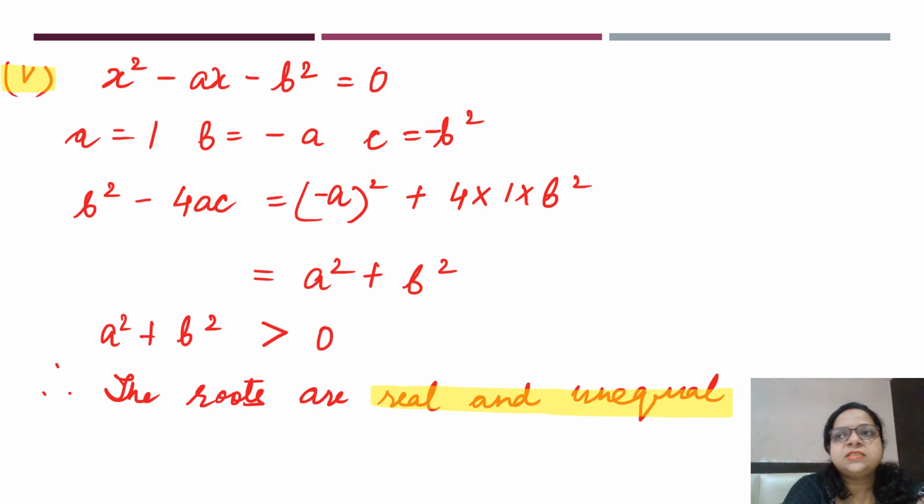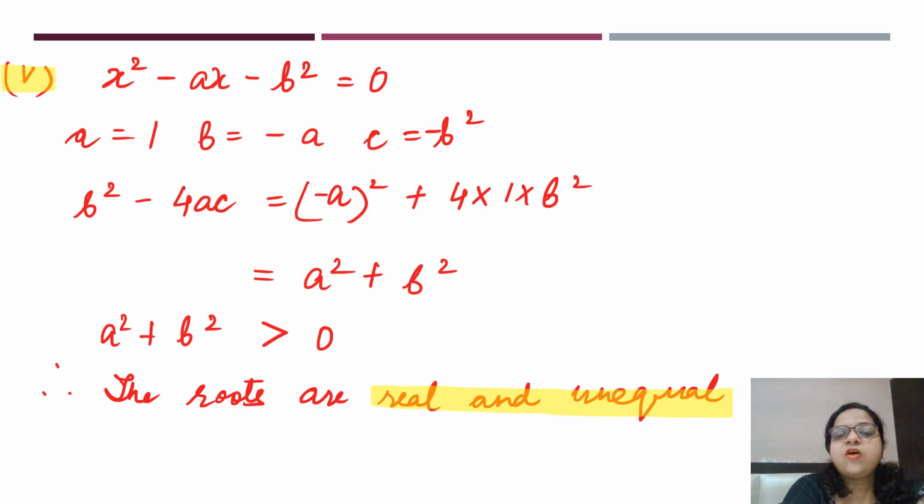px square plus qx plus r is equal to 0, where p is not equal to 0, that is also a quadratic equation. Here we are putting a is equal to 1, b is equal to minus a, and c is equal to minus b square. b square minus 4ac is equal to (minus a) the whole square plus 4 into 1 into b square. That is a square plus b square.